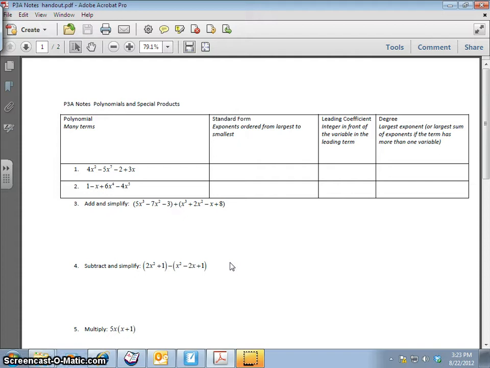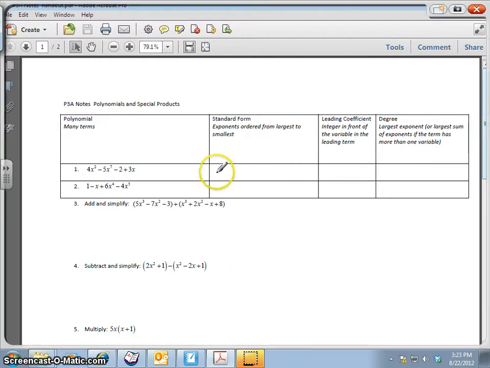First thing we're going to do is put problem number 1 into standard form. That means we're going to rewrite it with the largest exponent first, so negative 5x to the 7th, then the next one would be 4x squared, plus 3x, minus 2.